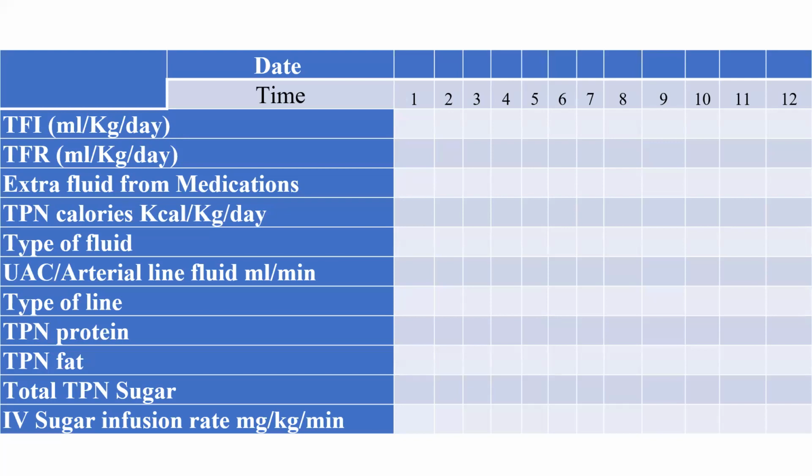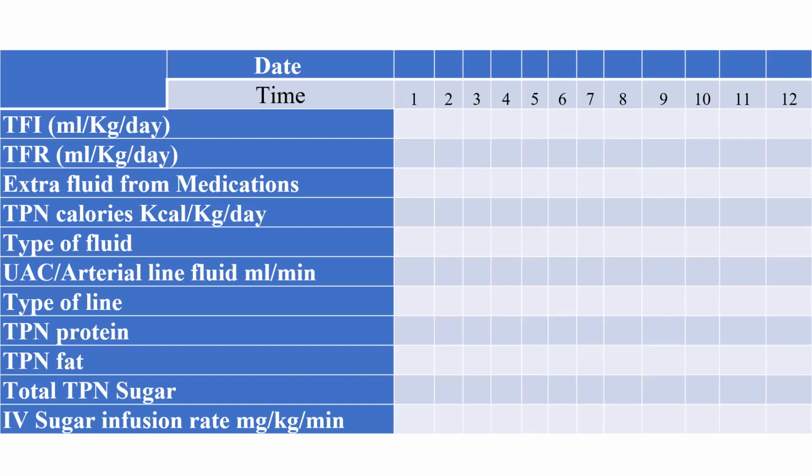Any extra fluid from medication, so we give ampicillin, for example, like 3 or 4 ml. Then we have to calculate how many calories the baby is getting from TPN, which is kilocalories per kg per day. And what type of fluid we are using. Is it D5? Is it D10? Is it normal saline, half saline, and so on? And how much fluid we are running in the UAC or the arterial line, such as 0.8 ml per hour.